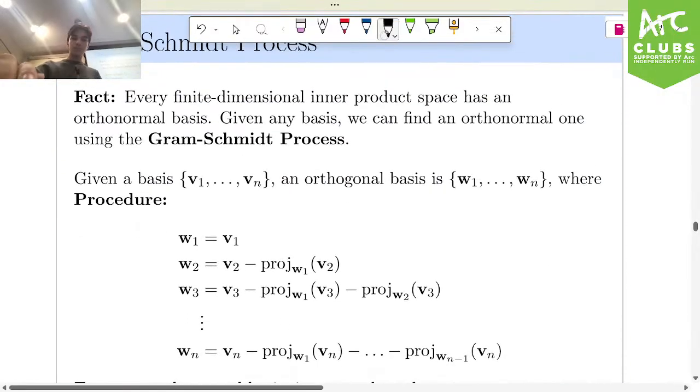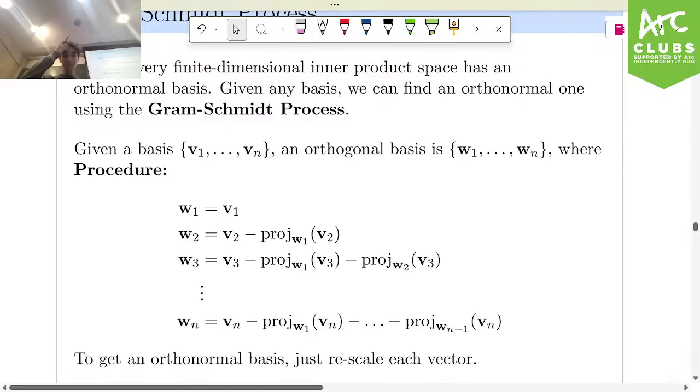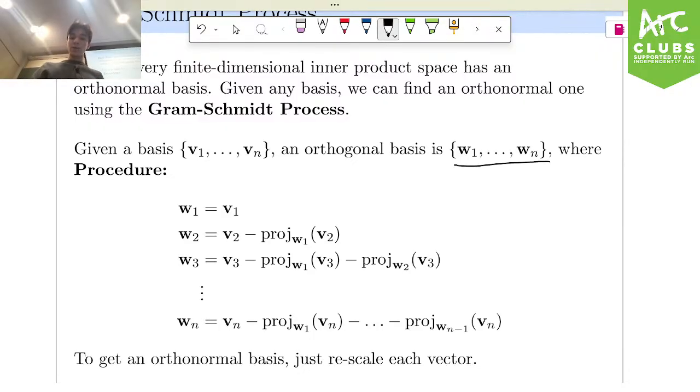So to formalize it, this is what the process actually looks like. Given any basis, v1 to vn, we can construct an orthogonal basis, w1 to wn, where for each vk, so let's look at v2 for instance, wk is equal to vk minus its projection onto all the w's before it. So in the example of v1, w1 is v1 minus the projection onto all the w's before it.